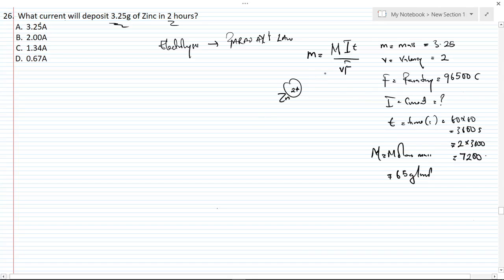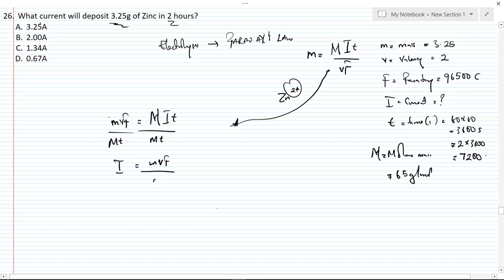So now let's make I subject of formula. We have MVF equals MIC divided by MC. So we pretty much have I equals MVF divided by MC.